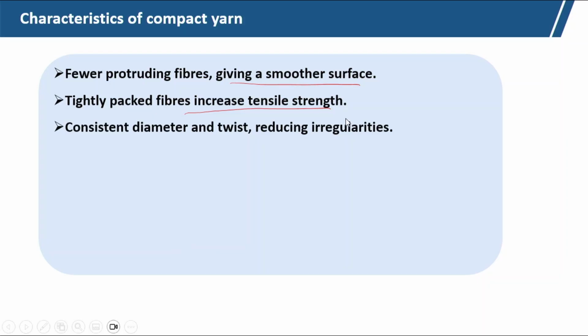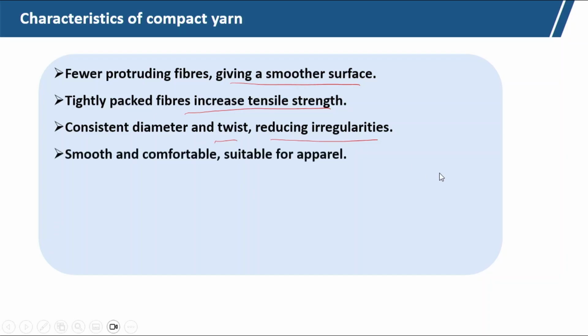Consistent diameter, twist reducing irregularity, because the fibers are all aligned towards the yarn, because it is brought back to the yarn structure. Smooth and comfortable, suitable for apparel.